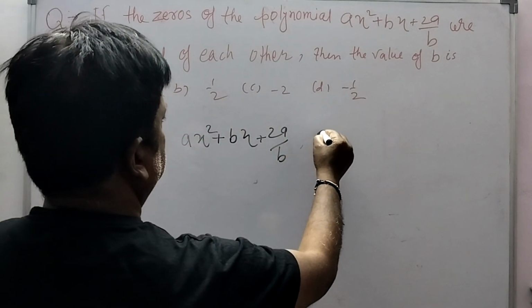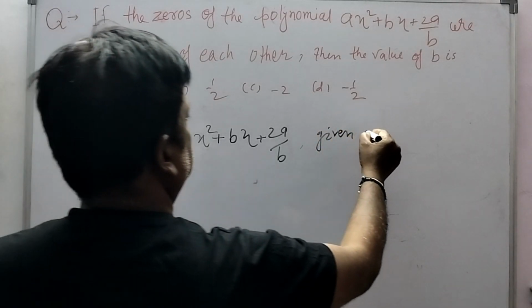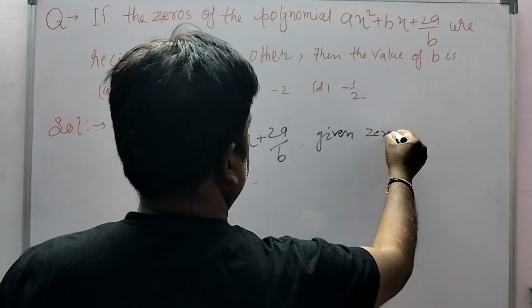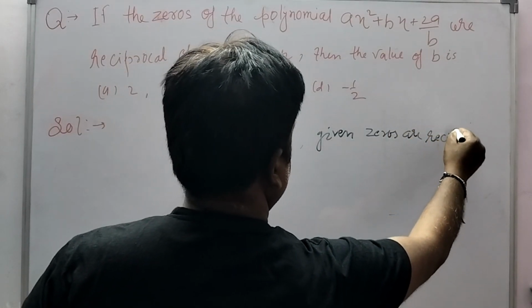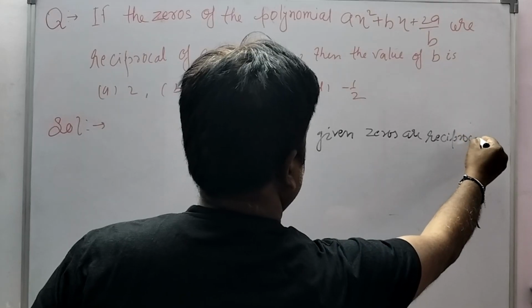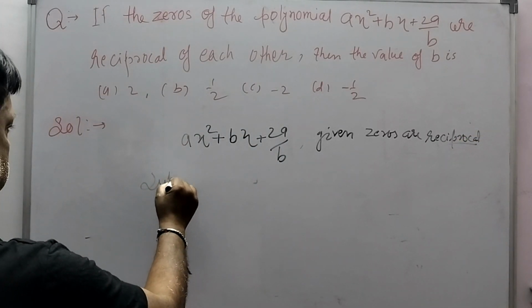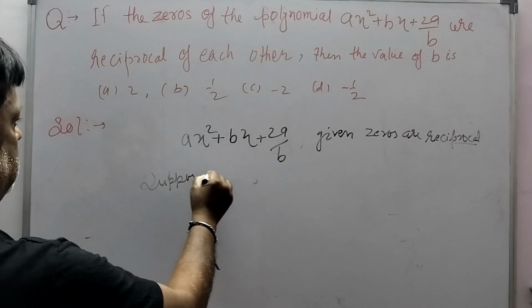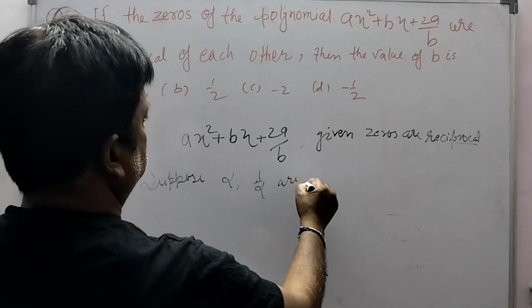Given zeros are reciprocal. Suppose alpha and 1 by alpha are zeros.